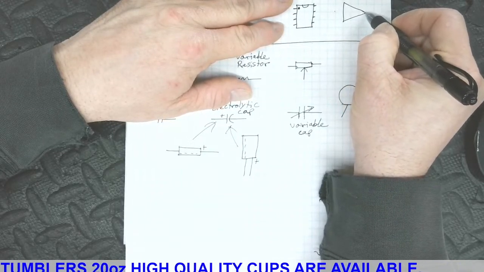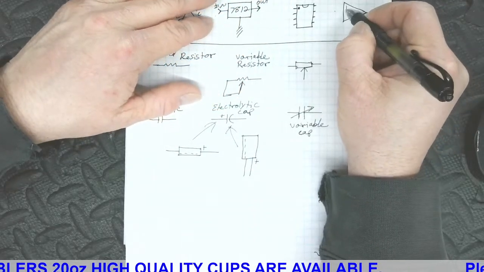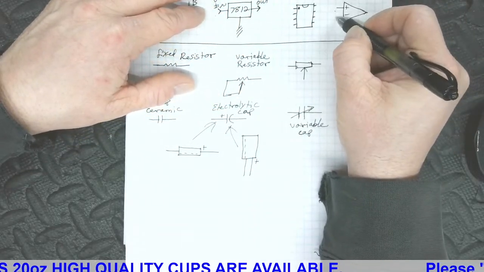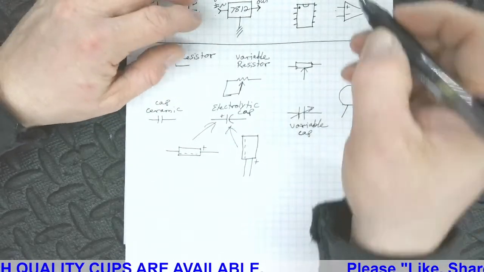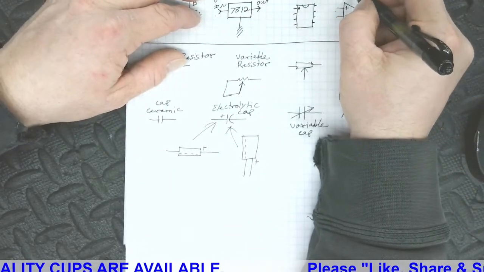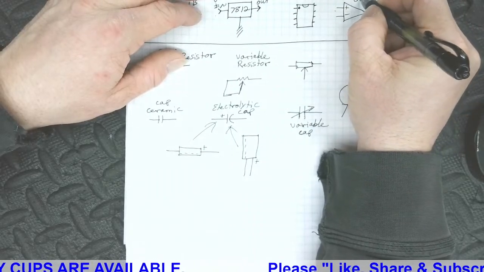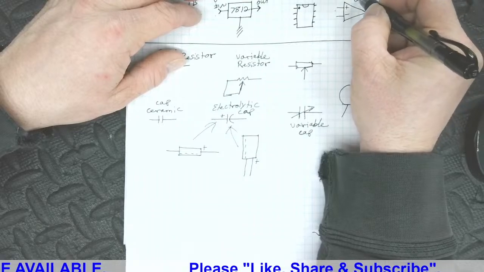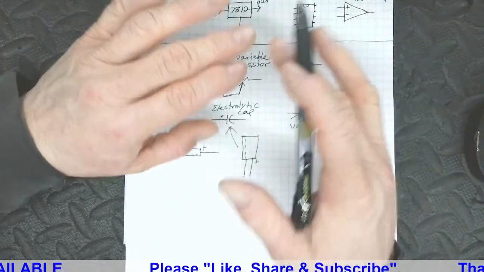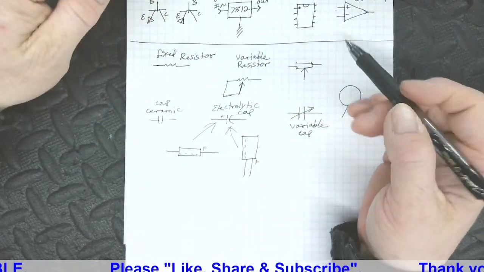You might see a symbol like this. That could be the same thing. It's still an IC. This would be an op amp. There are so many different ways we can get into with these types of components, but we're not going to discuss that. We're just showing you symbols, what they are.